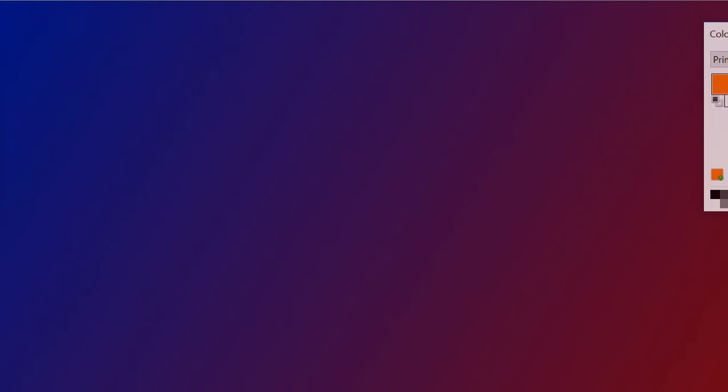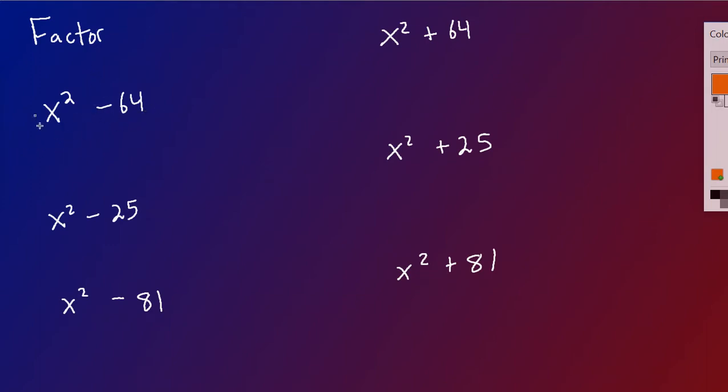So let's try factoring now. This is the difference of perfect squares, and it's called that because I have x squared here, and 64 is a perfect square because 8 times 8, 64, comes out perfect. So if I factor this, I get (x + 8)(x - 8). Now, in order to get this negative, one of these is negative and one of them is positive.